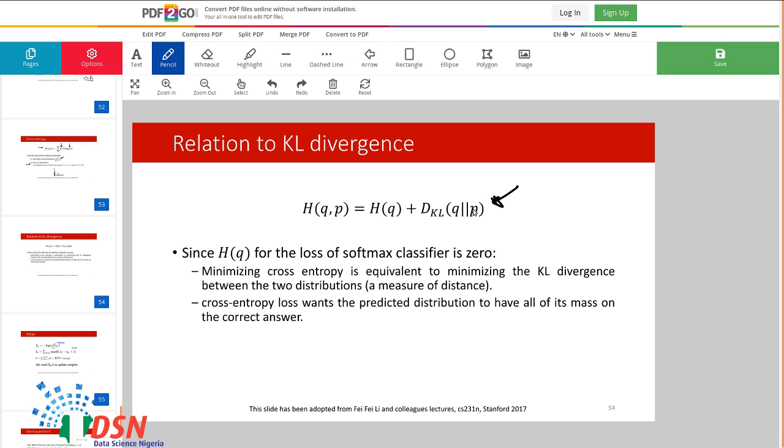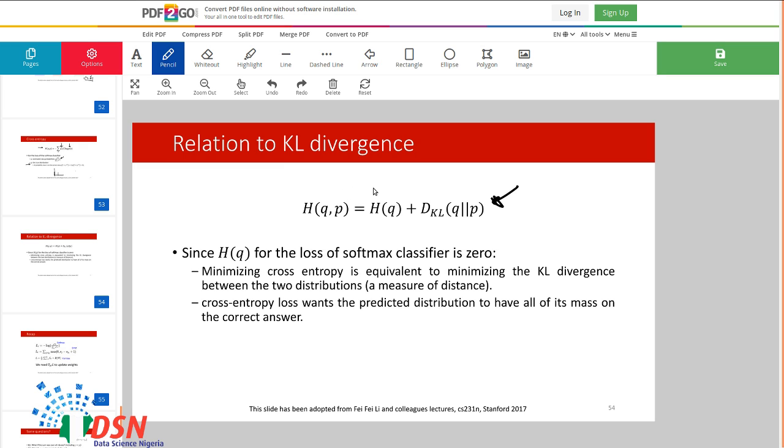It is a divergence metric to see how the Q and P distributions are different from each other. So we could write the cross entropy as the entropy of the distribution plus the KL divergence.